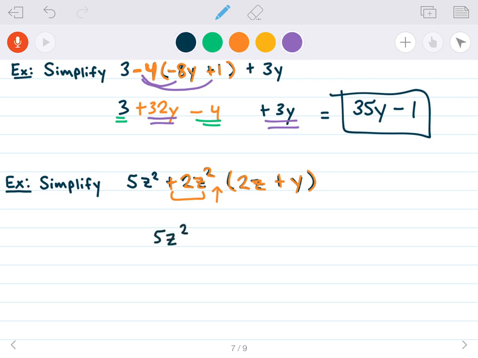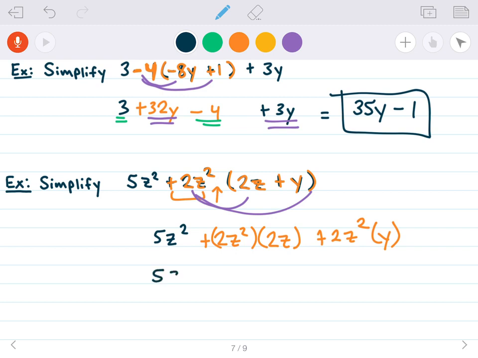All right, so let's go ahead and distribute this positive 2z squared. So what do I have? I have positive 2z squared times 2z, okay? And then I also have a positive 2z squared times a positive y, okay? Now let's see what I can do here.